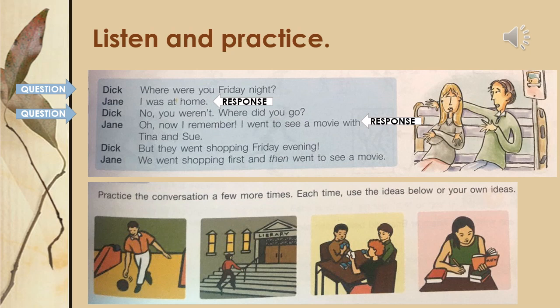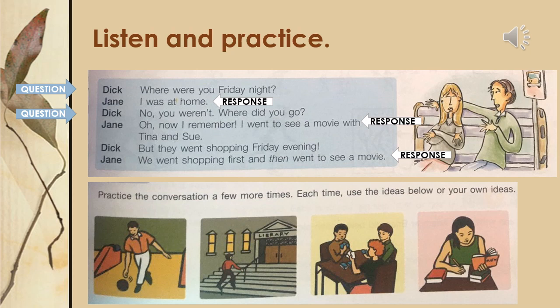But Dick couldn't still believe it because he knows what Tina and Sue did that Friday night. And so he questioned it in a different way, and Jane explained and gave another response. We went shopping first and then went to see a movie. Okay, so that is a conversation.